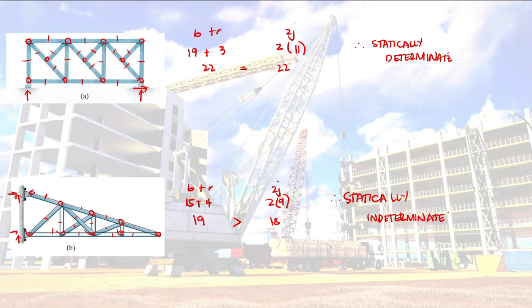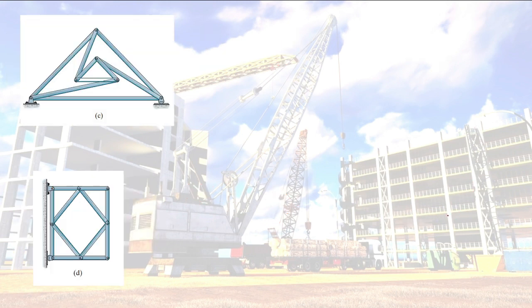In what degree? So you will just subtract 19 minus 18. That is first degree. Okay, next, another B plus R, then 2J. So how many bars? 1, 2, 3, 4, 5, 6, 7, 8, 9. Plus, how many reactions? 1, 2, 3 reactions.